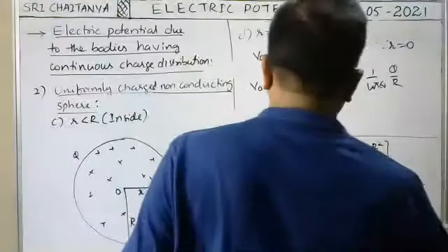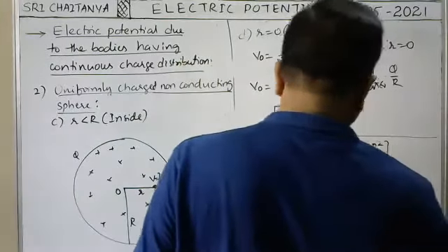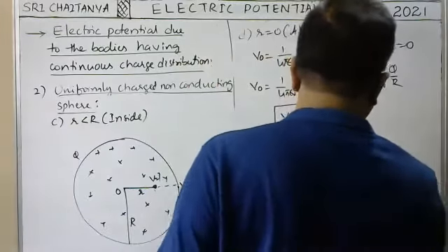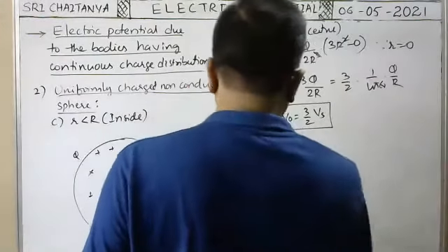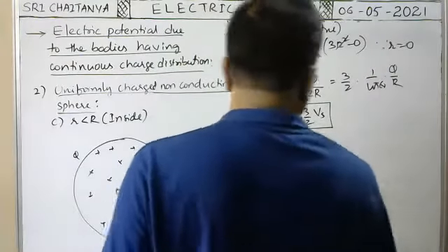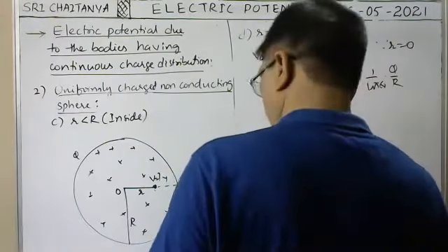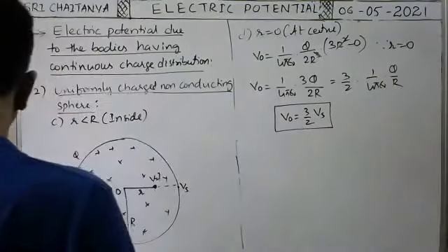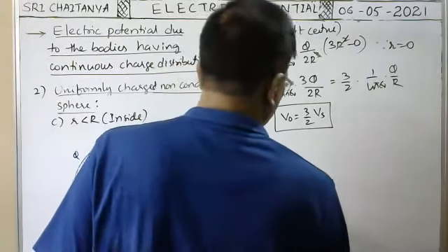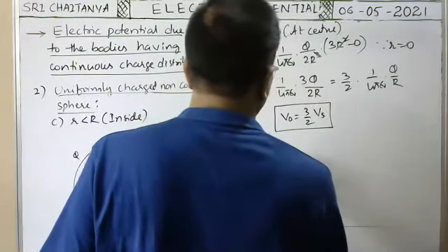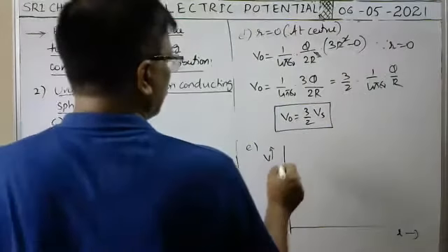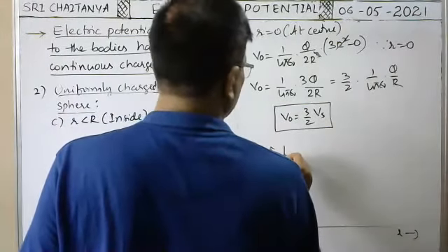So when you draw the graph, what is the type of graph you get? Graphs are also important. Sometimes they may ask how V varies with the distance from the center of the charged non-conducting sphere. At center, the potential is maximum.